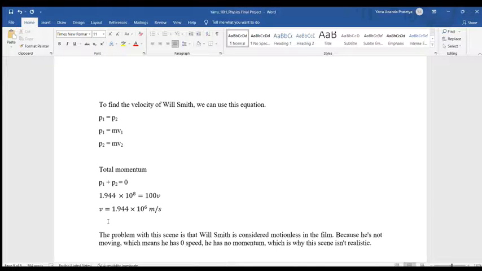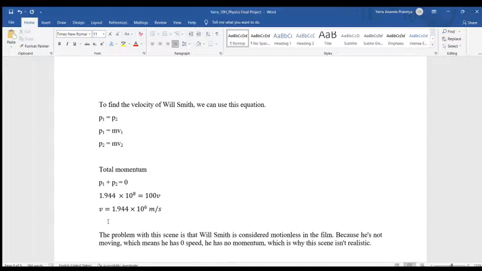Now, the problem with the scene is that Will Smith is motionless. He's stationary. He's standing completely still. And because he's not moving, which means he has 0 speed, 0 velocity, that means in physics he has no momentum. Because to have momentum, an object needs to be moving.